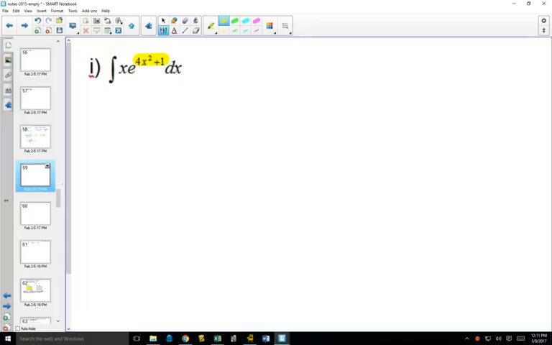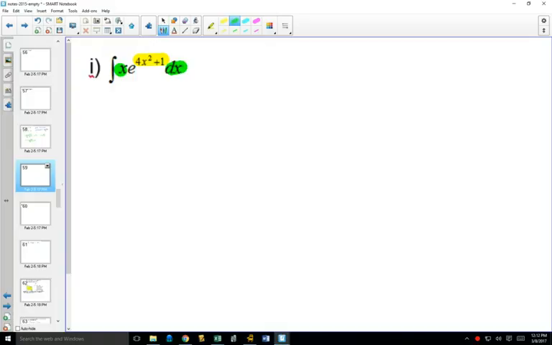But if we do the derivative of that, the derivative is 8x. Does 8x ever appear here? No. With substitution, you can still use it as long as the derivative is there, and it doesn't even matter what the coefficient is. So the derivative is 8x, but do we have an x somewhere? Yes, we have an x, even though we don't have an 8x.